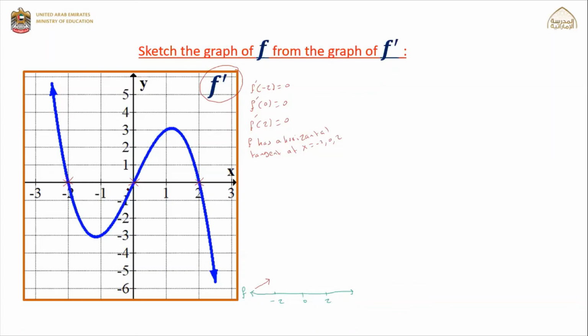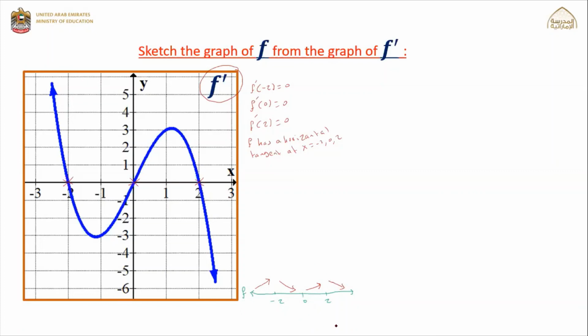From -2 to 0, f prime is down the x-axis. That means f prime is negative. So f will be decreasing, because all tangents of f on this interval will have a negative slope. From 0 to 2, f prime is again positive, so f is increasing, and from 2 to infinity, f prime is again less than 0, so f is decreasing.